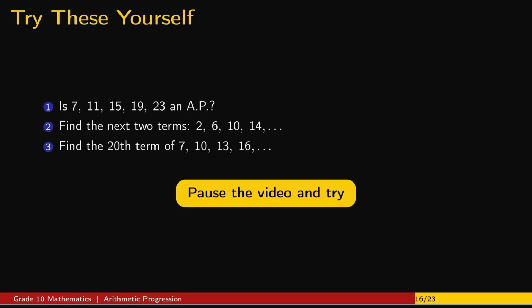Check if the common difference is the same and then tell me what you find. Here, find the next two terms in 2, 6, 10, and 14. Very simple: find the common difference and then add it to 14, then add it to the next one. What about the third one? Find the 20th term of 7, 10, 13, and 16. Okay, so pause the video and try.